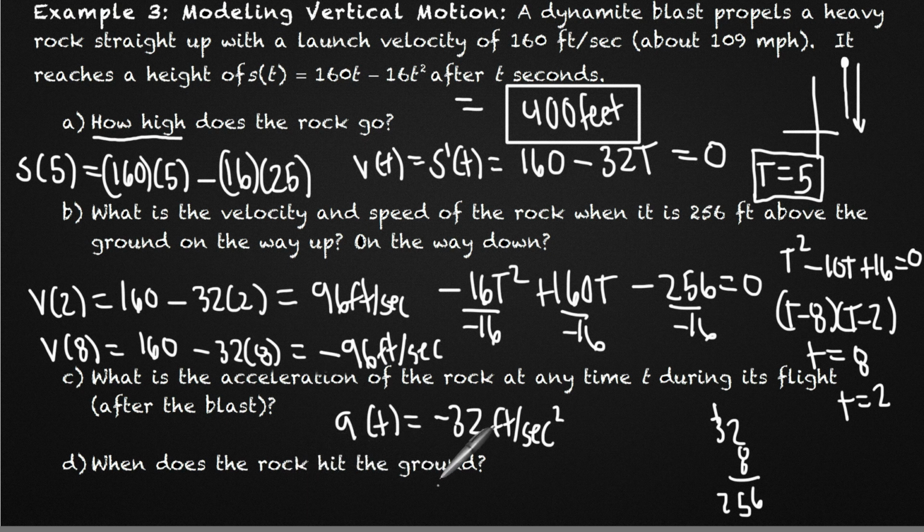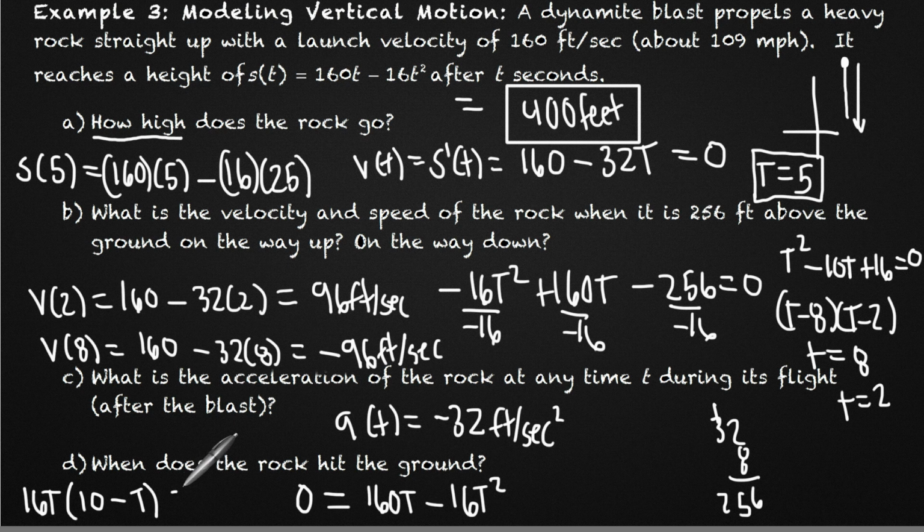When does the rock hit the ground? The rock hits the ground when its position is 0. So we're going to plug 0 into our position function, 160t minus 16t squared, and solve for t. So I'm going to factor out a 16t, and that's going to give me 10 minus t equals 0.